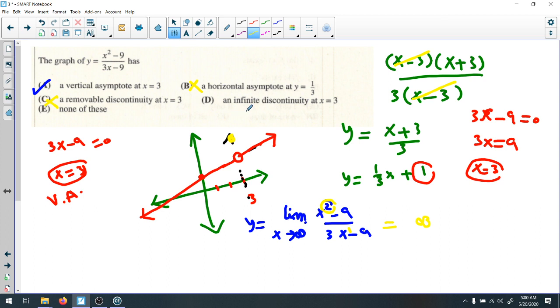And an infinite discontinuity at x equals 3? No, it's discontinuous at x equals 3 only. This expression, infinite discontinuity, is not applicable here. So the final answer is that the vertical asymptote is x equals 3 for this function.